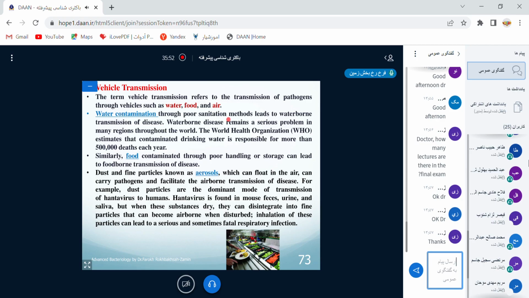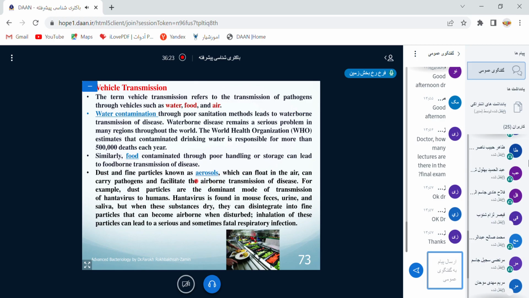Water contamination through poor sanitation methods leads to waterborne transmission of disease. If any infection can be transferred from the source of infection to a new sensitive person by water, we call it waterborne. If it is transferred by food, we call it foodborne.